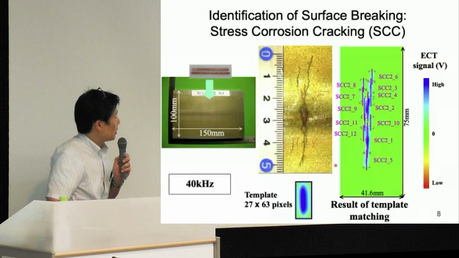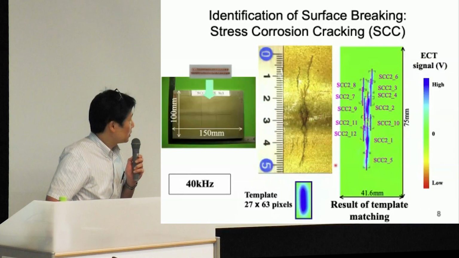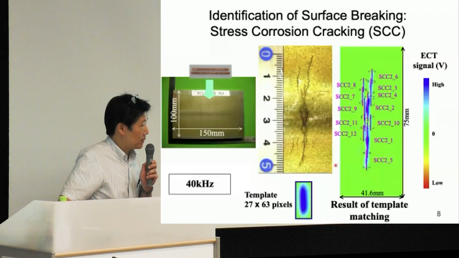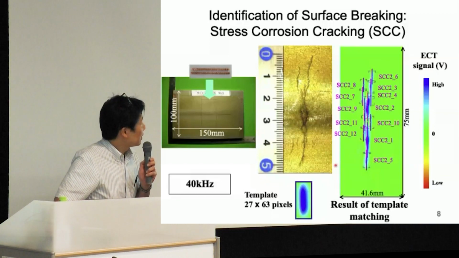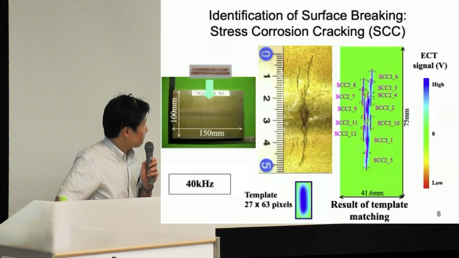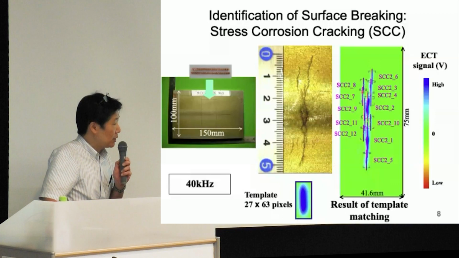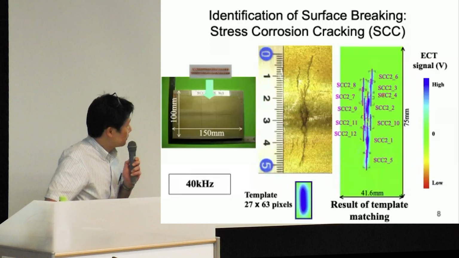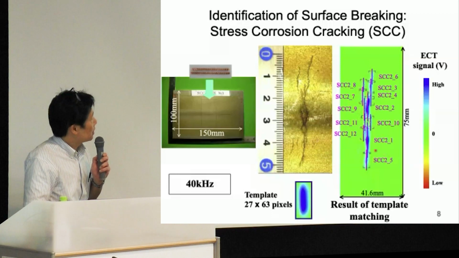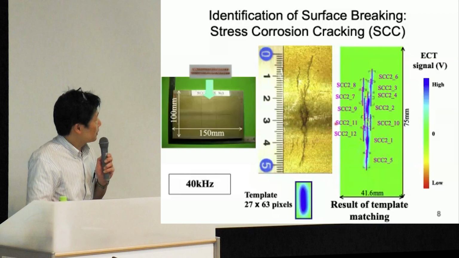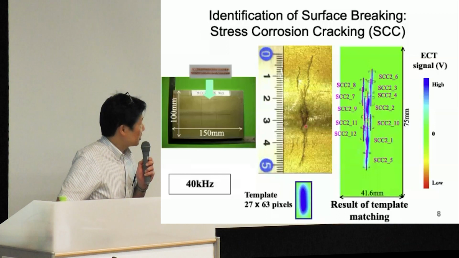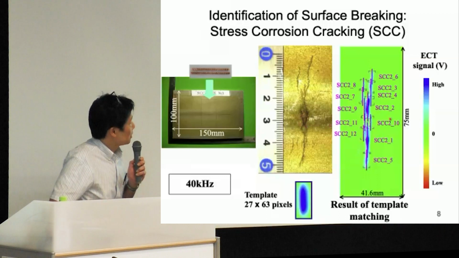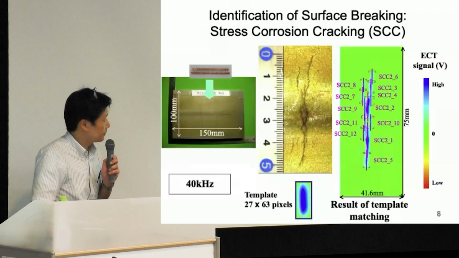And for stress corrosion cracking, as you know from the lecture by Professor Nicola Mari yesterday, the surface morphology is very complicated. And the template matching answers the crack shape as a set of small cracks. But anyway, this result can be a good result, compared to the surface observation.